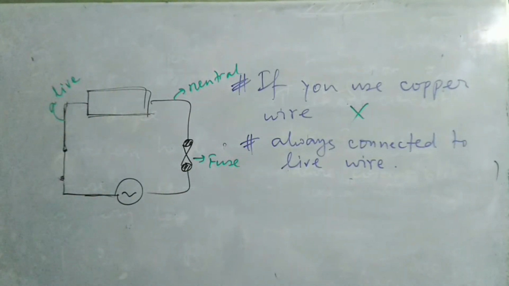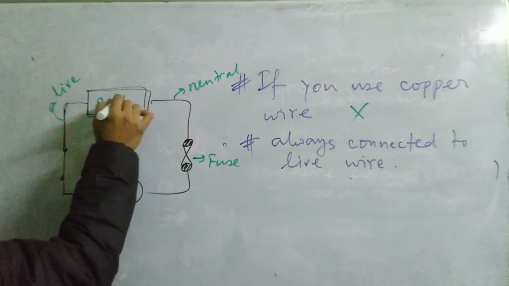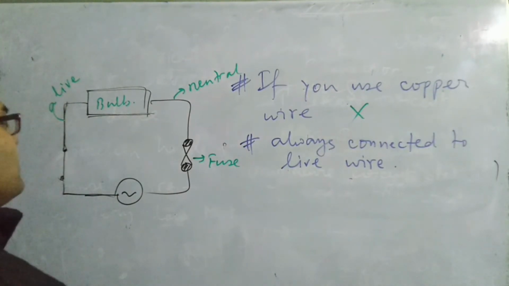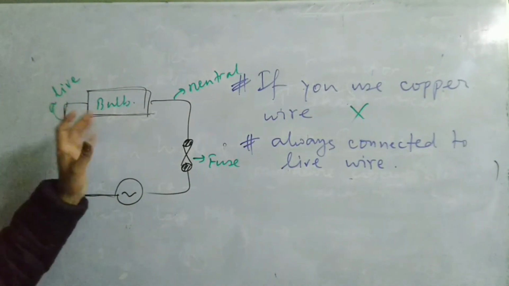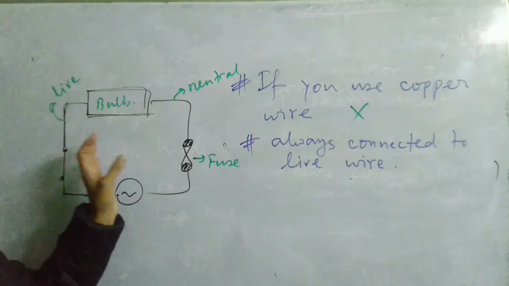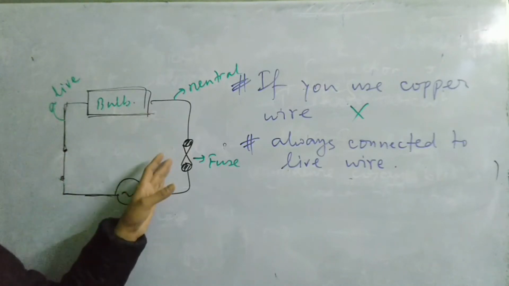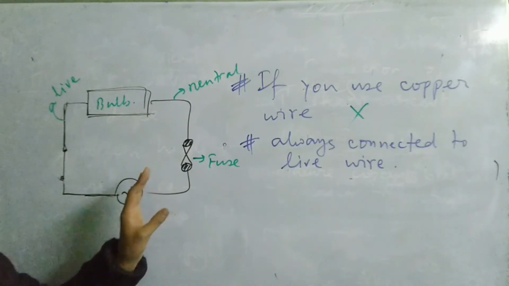This is an appliance, say a bulb or an LED light, anything it may be. The live wire carries the current first to the bulb, then due to the current flow the bulb starts glowing, and then the current is returned back to the source via the neutral wire.